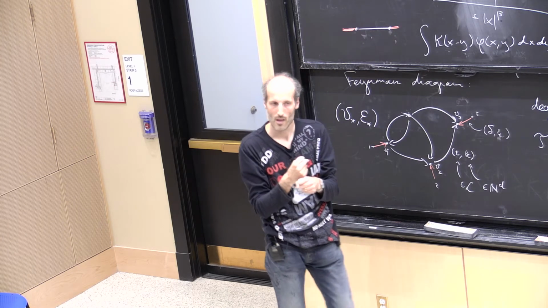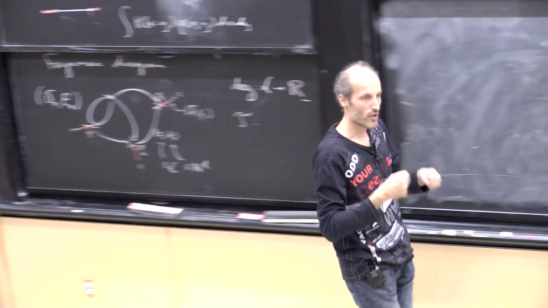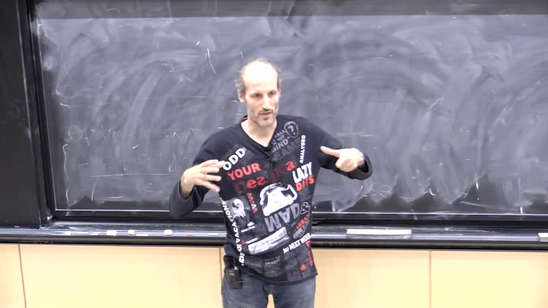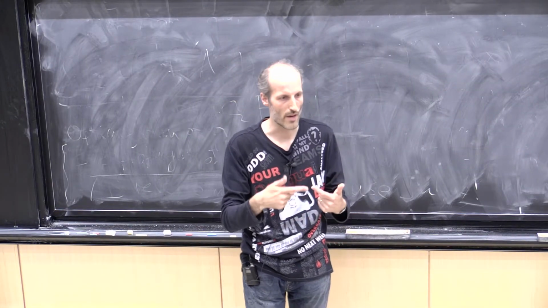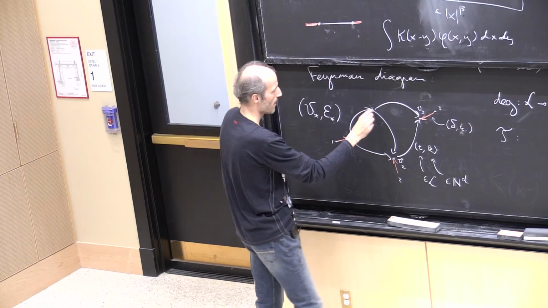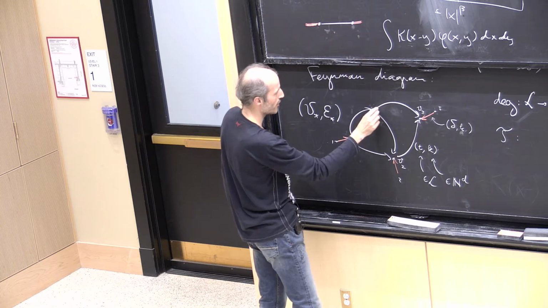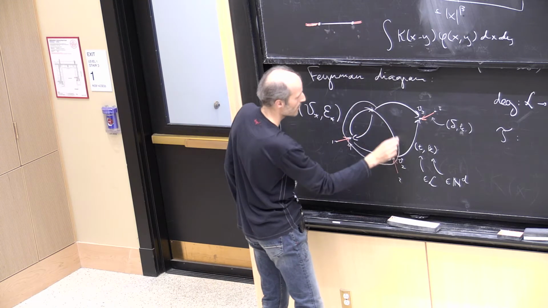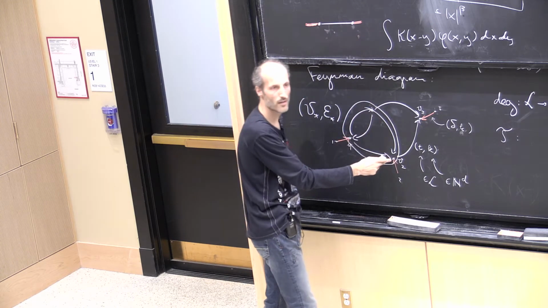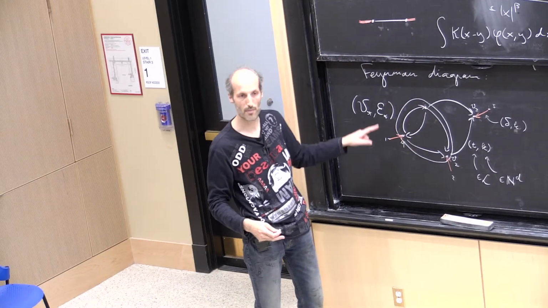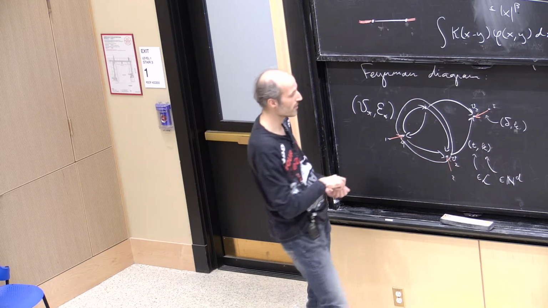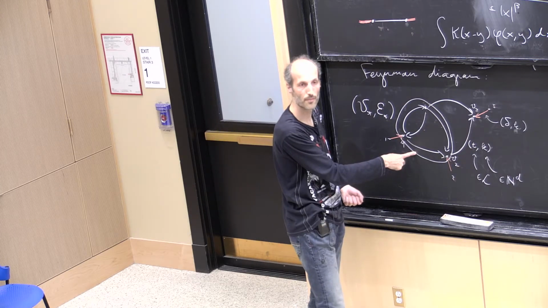And under which condition does a subset of the integration variables colliding give you a divergence? Well, if you take a subset of the integration variables, say these three, you look at the subgraph spanned by these three integration variables, the subgraph with these four edges.